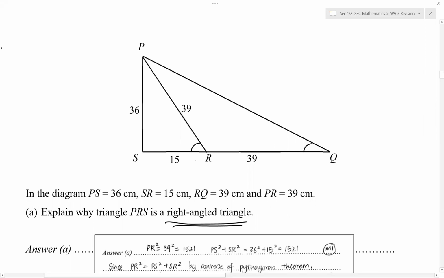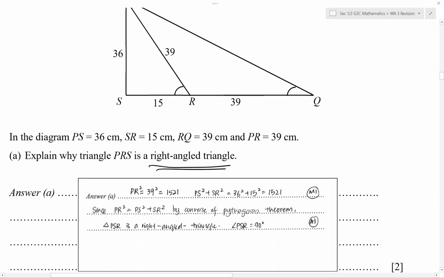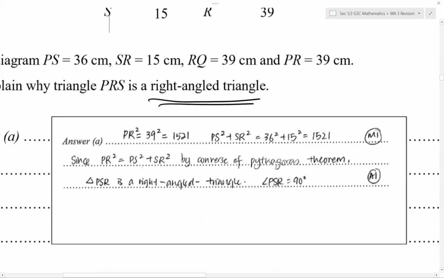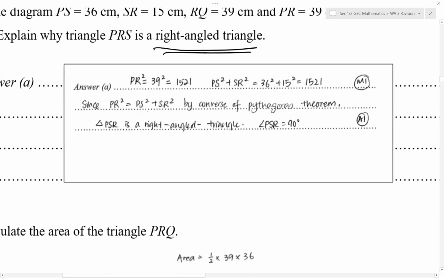PRS. Indirectly, they are telling you that, hey, this is going to be a right angle triangle. I need you to prove it for me. So to do so, we're going to use converse of Pythagoras theorem. So these steps over here are quite standard. A bit hard to see, but basically, square the hypotenuse, the longer side, PR square.